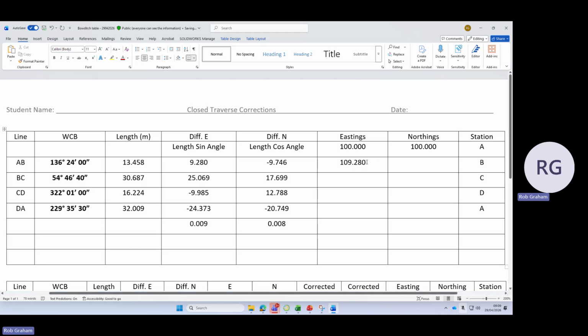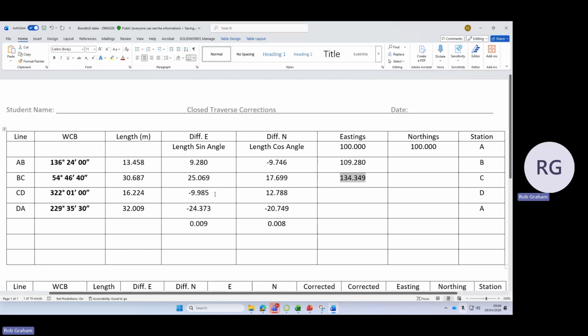Because this is a cumulative figure, we're now using the figure that we've calculated, 109.280, and the next figure is positive 25.069. So we add 25.069, and that gives us 134.349.